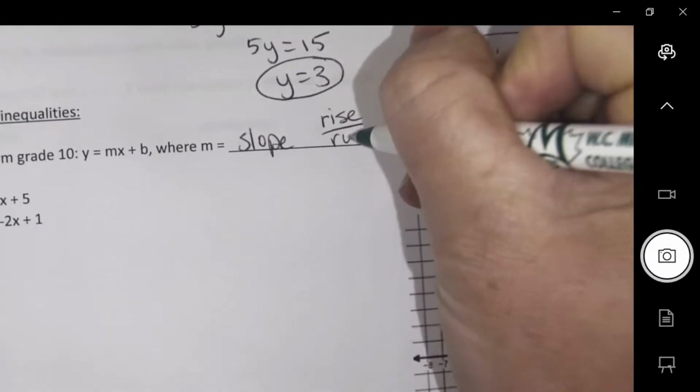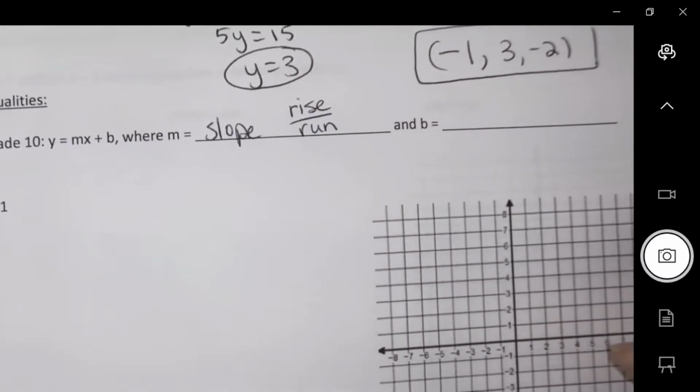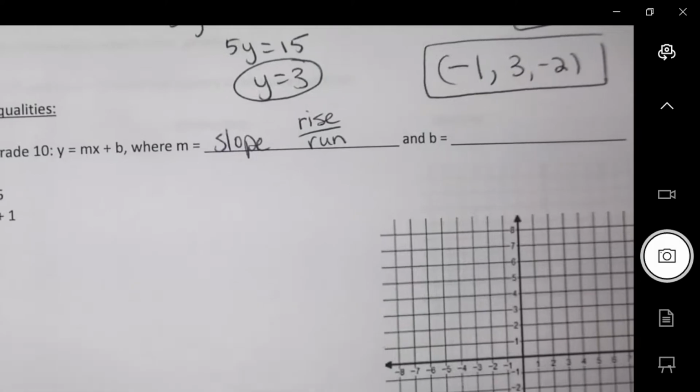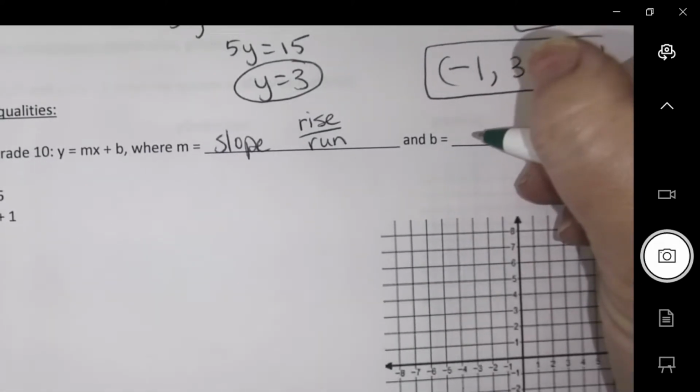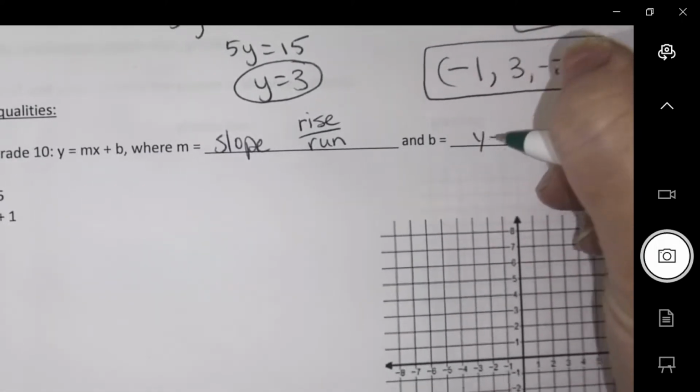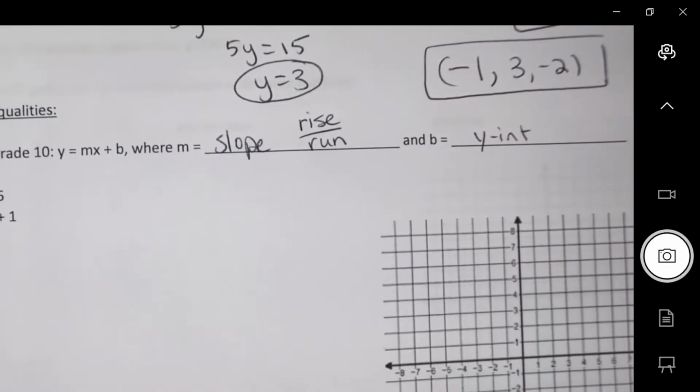Rise over run. And the b is the what? The y-intercept. Because where x is 0, right? That's what you're doing. Okay.